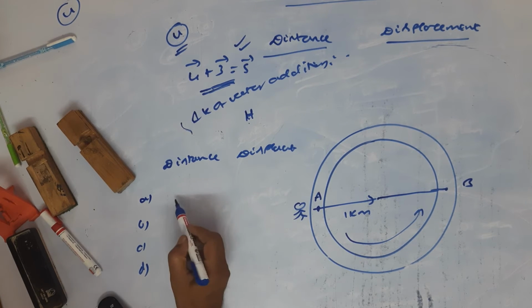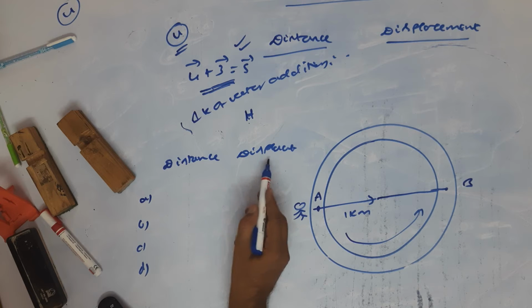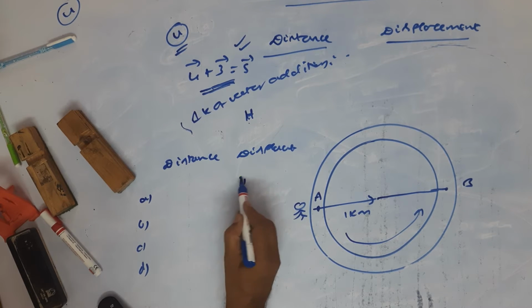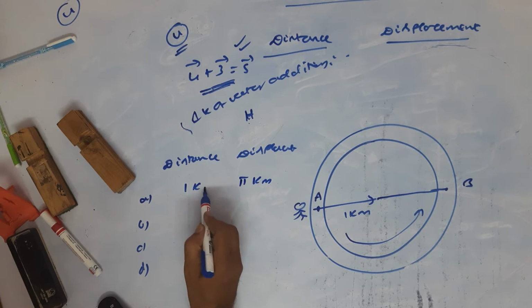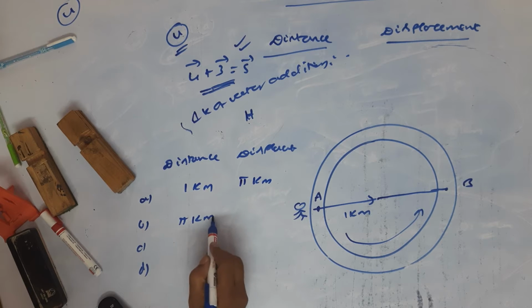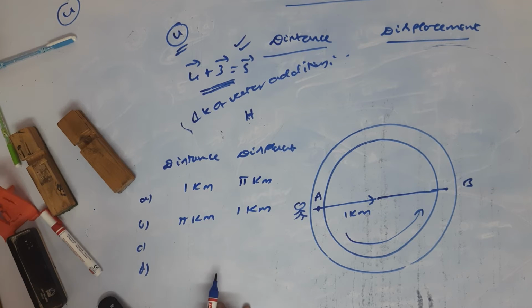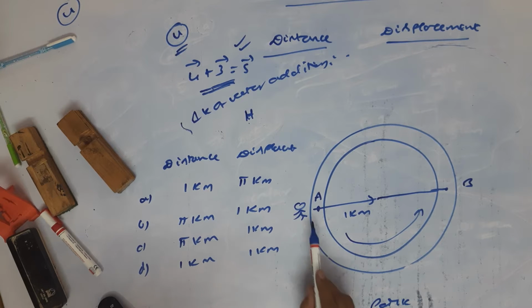The options: displacement is pi kilometer and distance is 1 kilometer; pi kilometer, 1 kilometer; both are pi kilometers; both are 1 kilometer. Come on, now you answer this question. This is a park, and in this park you are traveling from A to B. There are two paths.